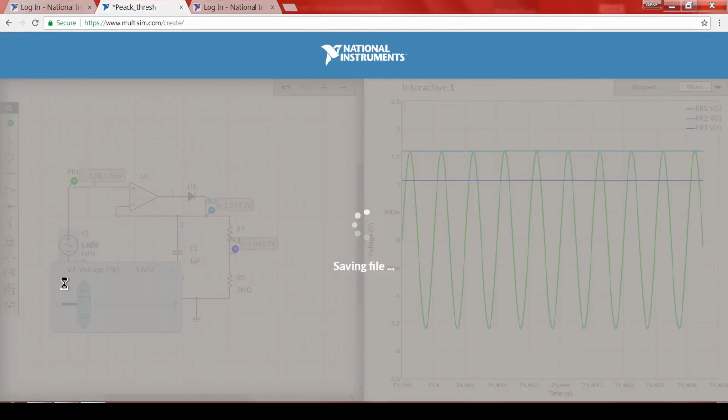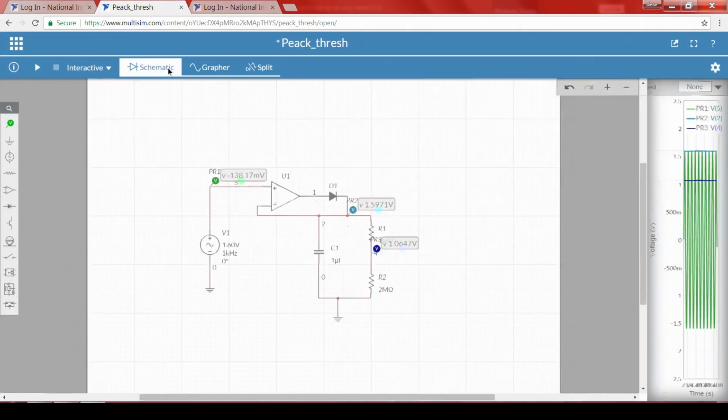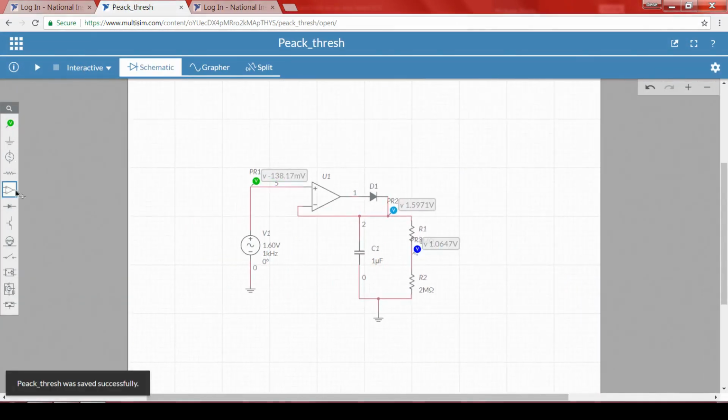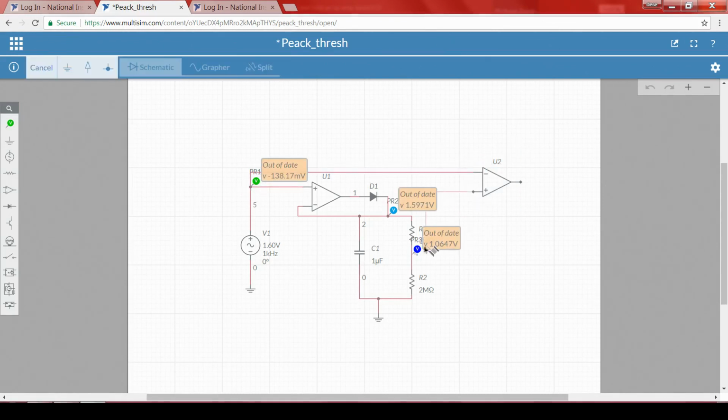I am opening a new file, or to this itself we can create an extension of it by using another comparator. So, I will go to the schematic and take one more op amp. Let me flip it. When you look into our circuit, to the positive terminal we are connecting the threshold value, and to the negative terminal we are connecting the input signal.